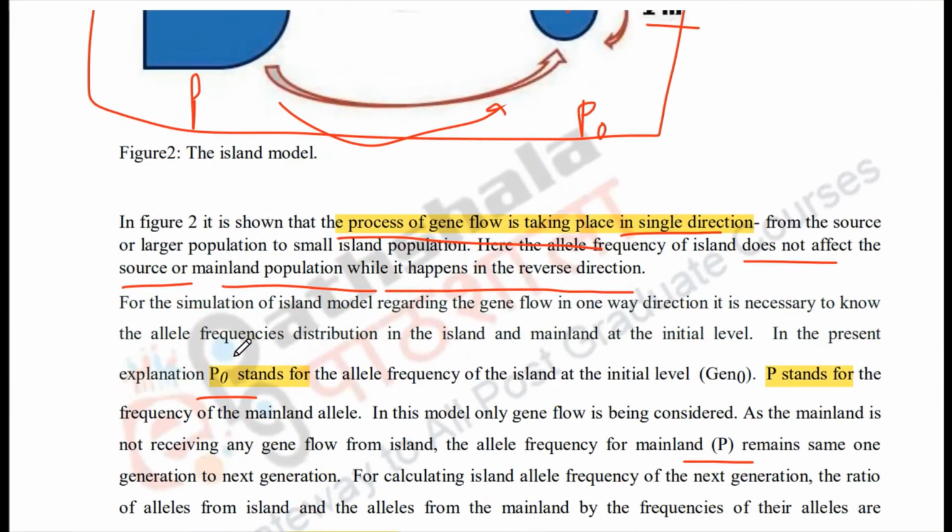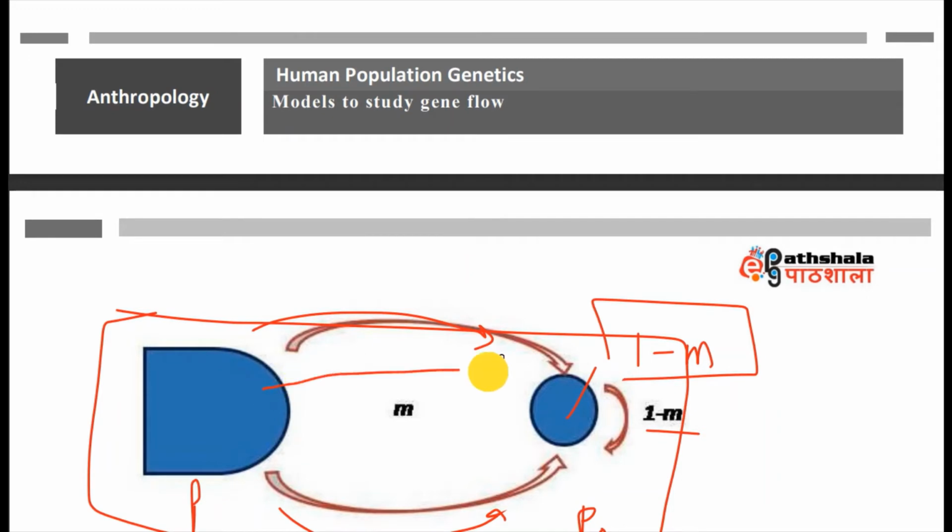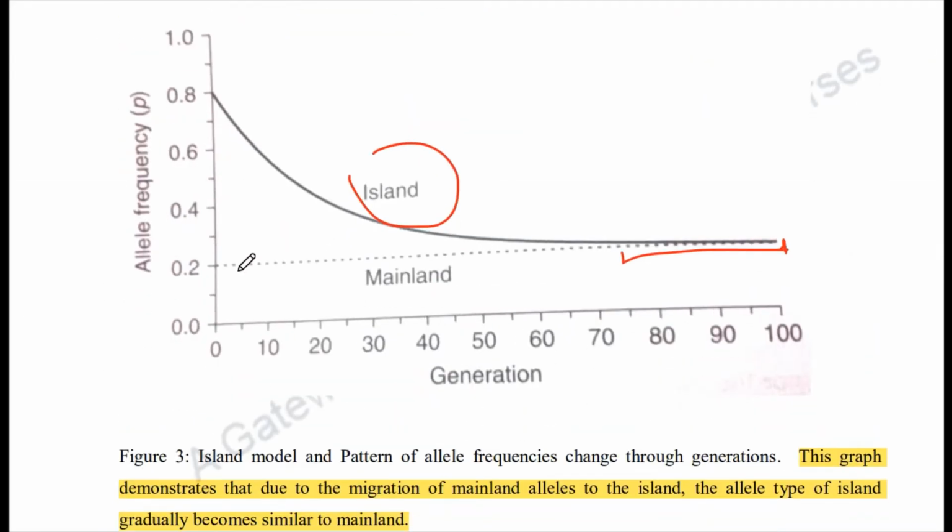Gradually the flow of alleles from the mainland to the island is going to bring those alleles to the island, and gradually the original composition is going to wipe out. Therefore over the generations, the island is going to show an allele representation which is almost or nearly similar to the mainland allele representation. This is what the graph shows.